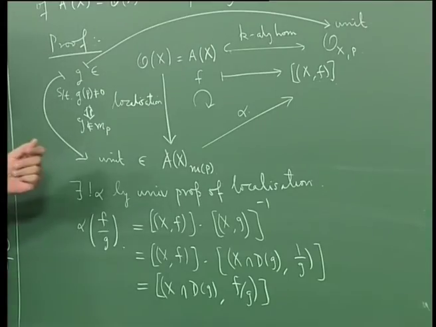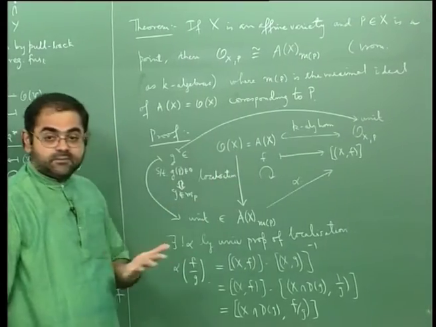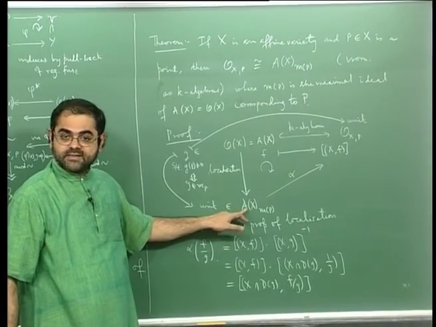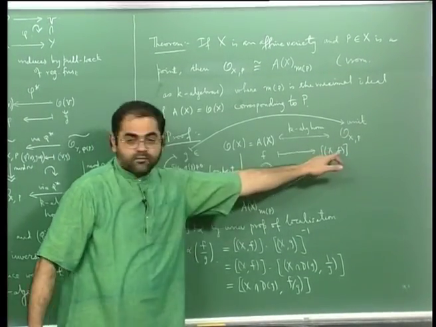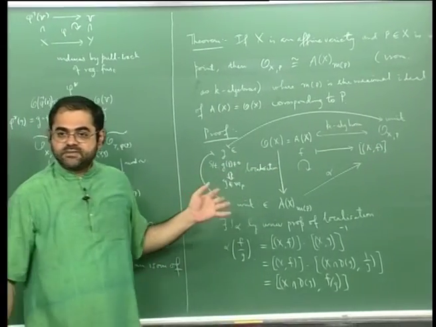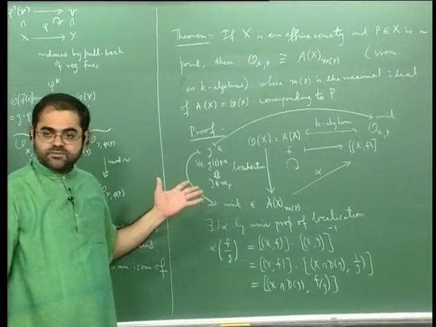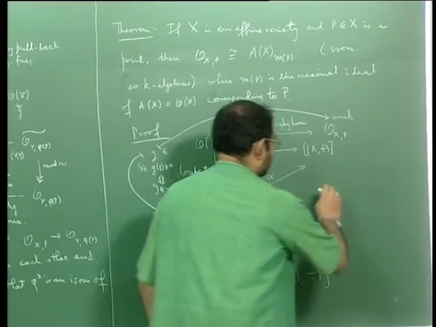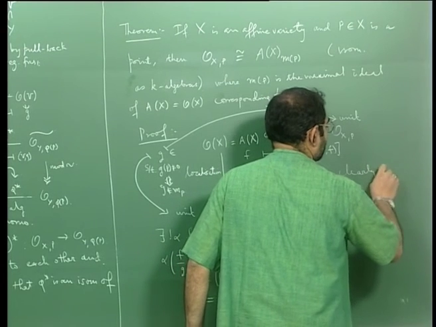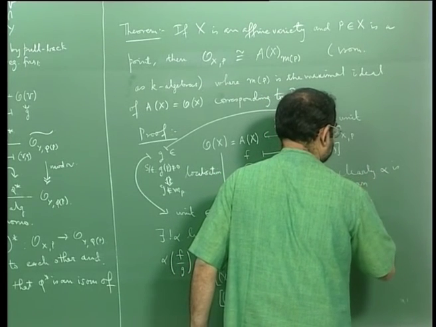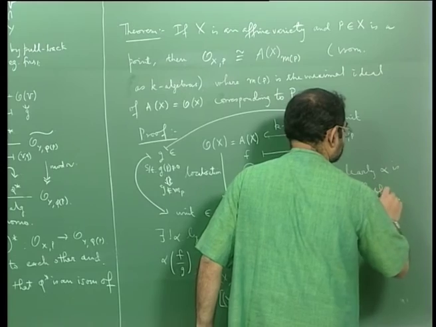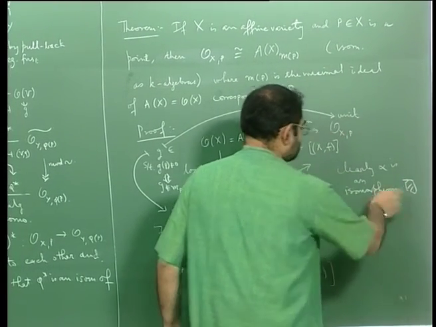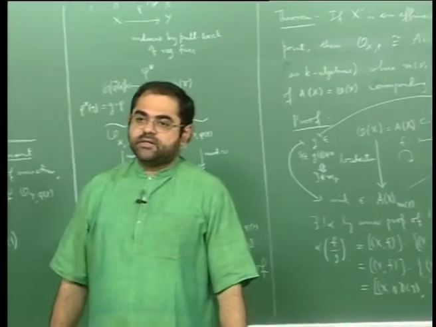Then that f by g will also be here, it makes sense as an element here, and alpha will carry it onto your germ. So it's injective, it's surjective, so it's an isomorphism. So clearly alpha is an isomorphism. Just a moment's thought will tell you that alpha is an isomorphism.